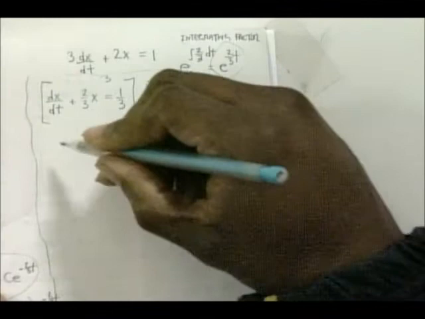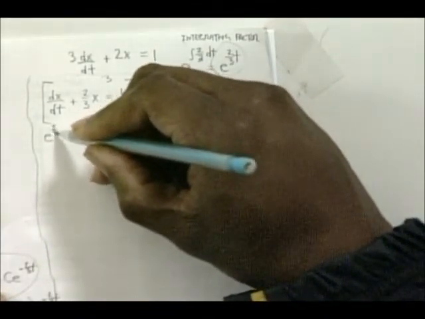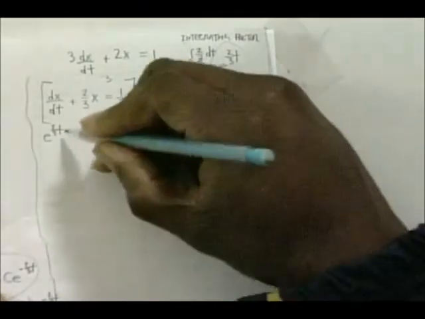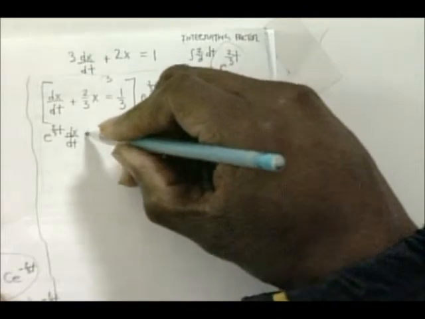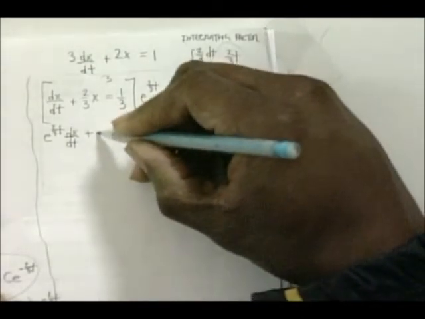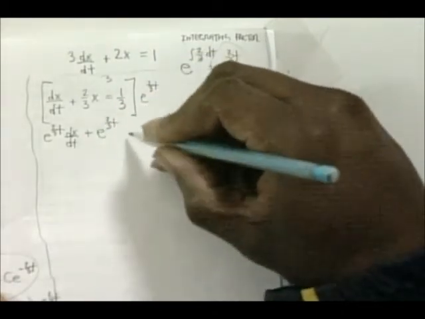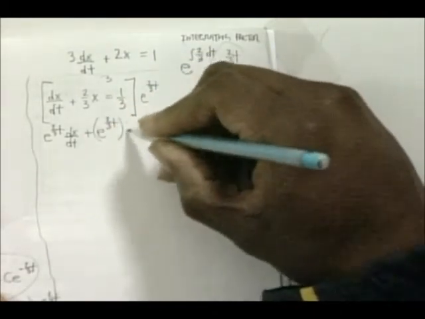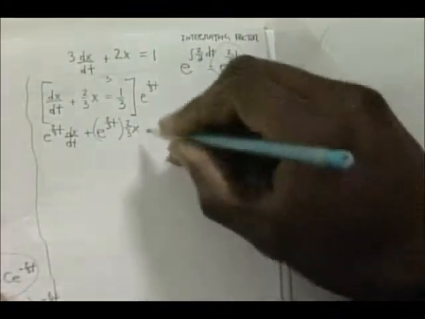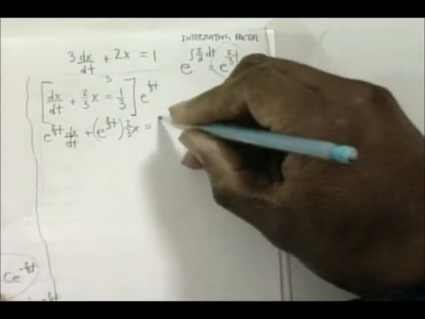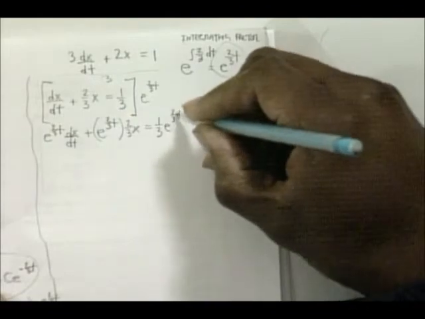So you end up with e to the 2/3 t dx/dt plus e to the 2/3 t times 2/3 x is equal to 1/3 e to the 2/3 t.